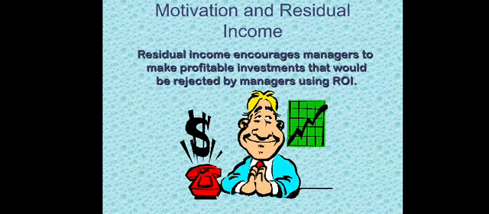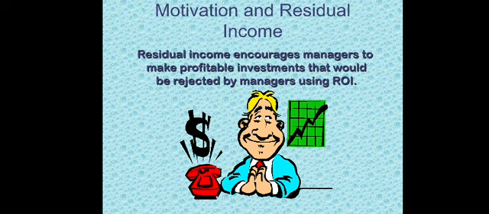So this is a good thing about the residual income method. The residual income method encourages managers to make profitable investments that would be rejected by managers using ROI. So okay, this is the first half of this topic.